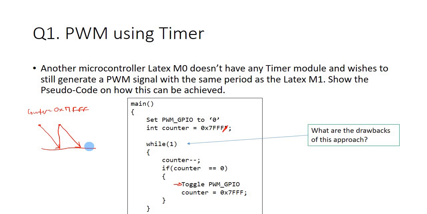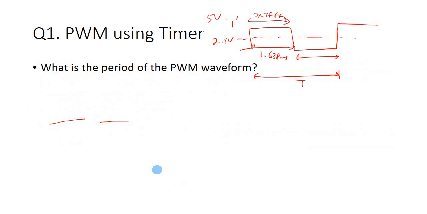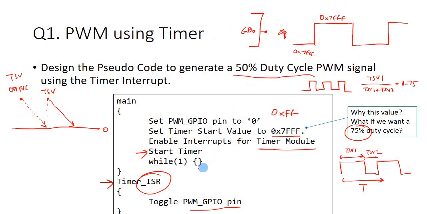But the main difference is that in this case, you are explicitly doing the count in software, whereas in the earlier approach, we were using a hardware based timer. That is actually a big difference, because when you use a hardware based timer like just now, as you can see in this while 1 loop here, you are free to do anything you want.